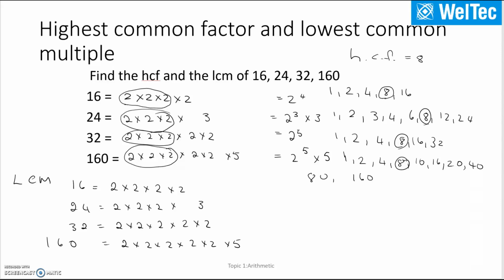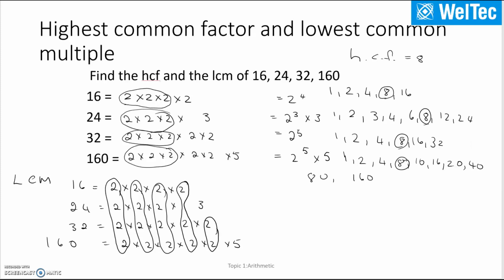Now what we're going to do is cross them off vertically rather than horizontally. So we've got those ones that are common, then we've got all these ones, then we've got these ones, then we've also got the 3 and the 5.